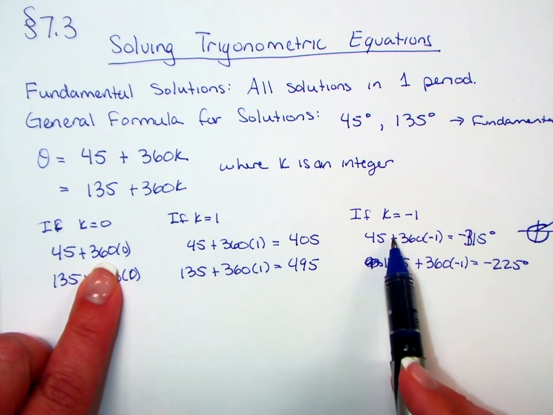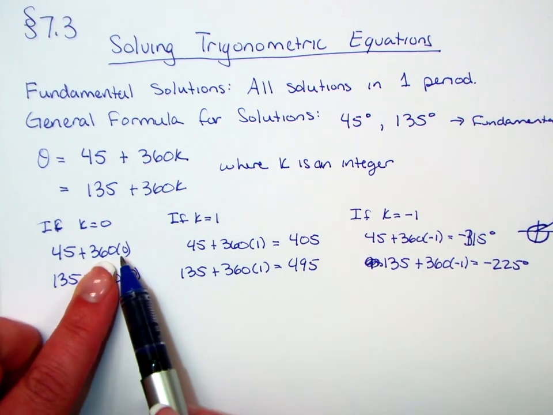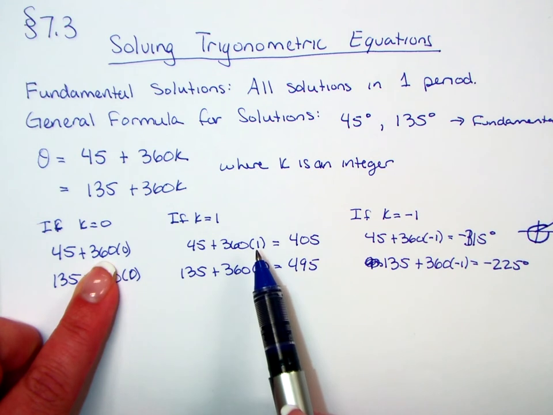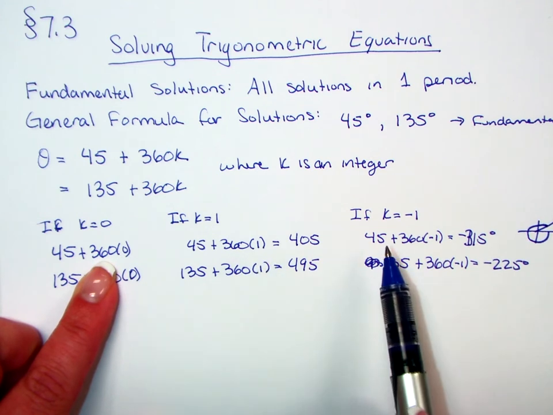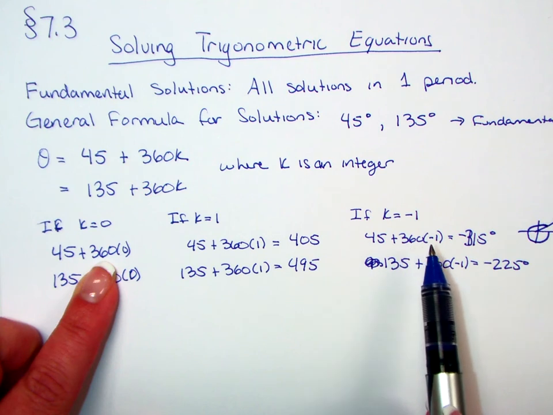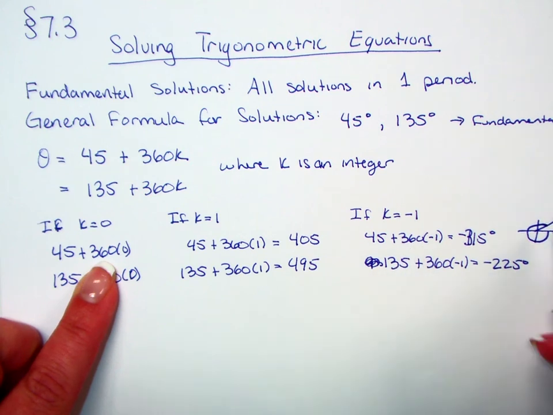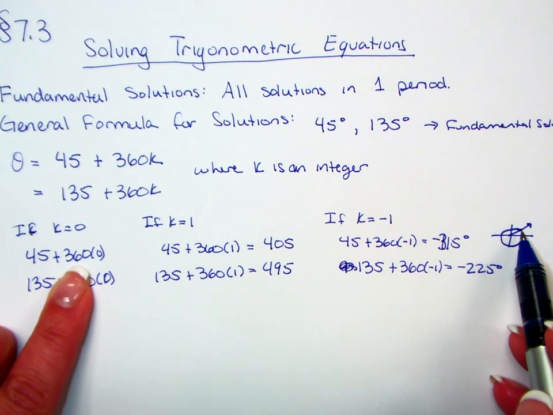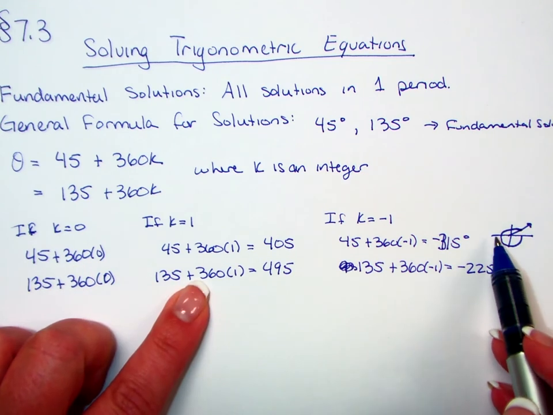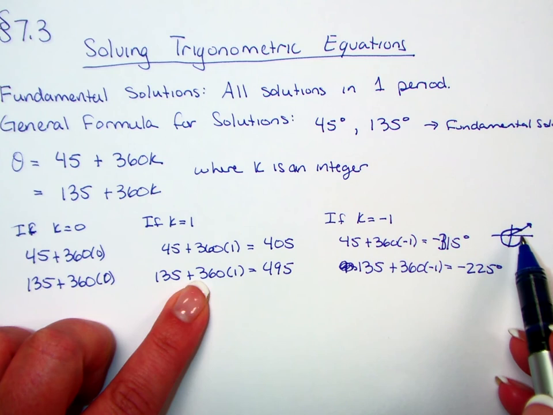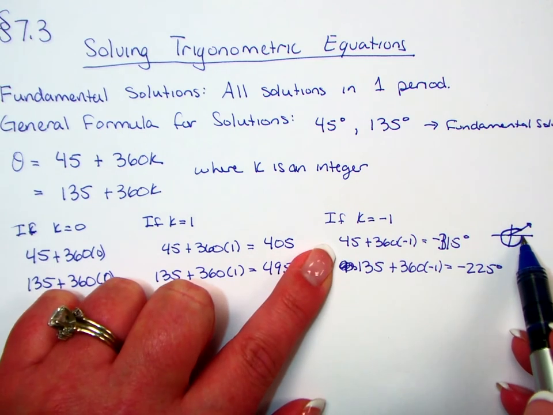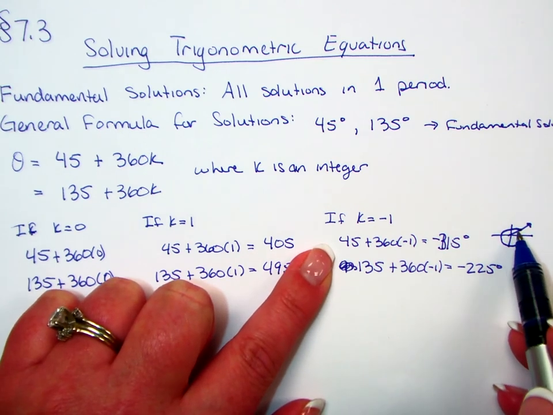All of these solutions, the fundamental solution plus 360 times 0, plus 360 times 1, and plus 360 times -1, they all correlate to the same location on the unit circle. One, we're just rotating that short distance. The second one, we're going all the way around, plus 45 more degrees. And this one, we're going clockwise 315 degrees.